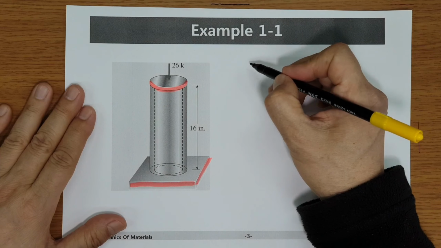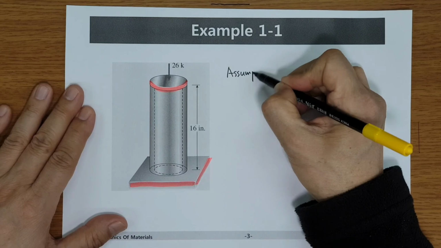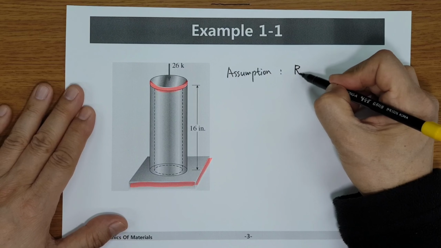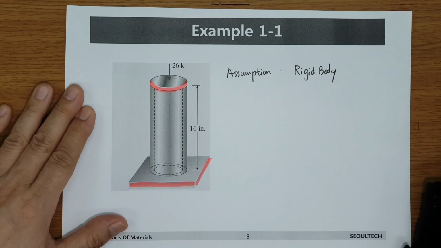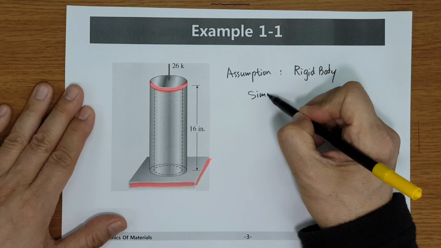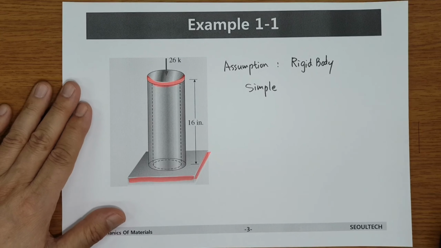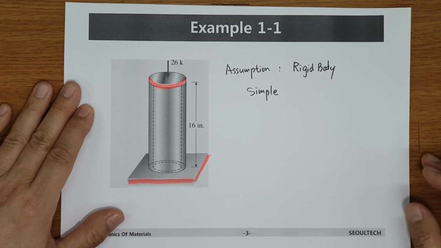Often we introduce many assumptions. In this case, we introduced a rigid body. When you introduce a rigid body, the problem is simpler. It's much easier to tackle. In order to do that, we introduce many assumptions.